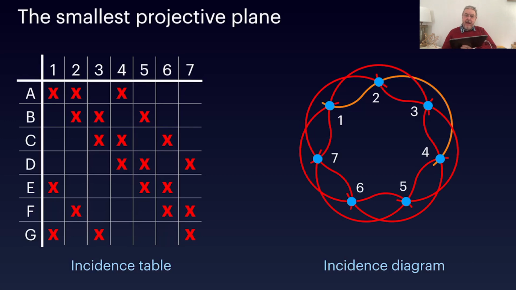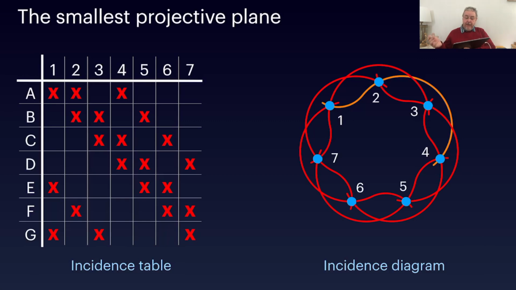There's another way of representing such incidence structure. The other way would be what we call an incidence graph, and this treats points and lines a little bit more symmetrically. So we have seen here points were dots in that picture, and lines were really some curves in that picture.